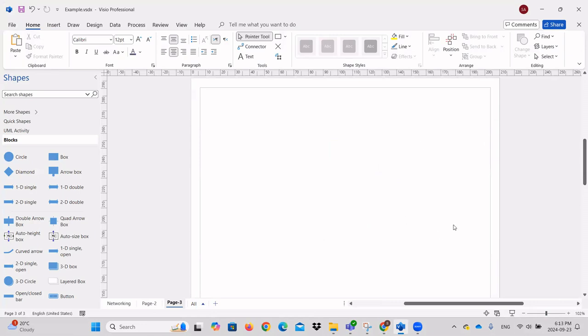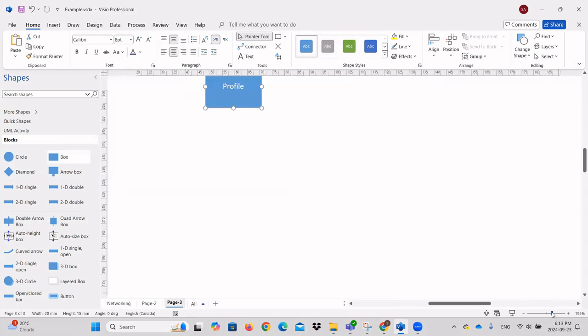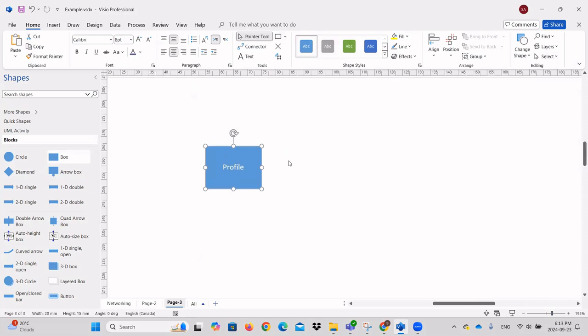Okay, so based on our understanding, we can have a class that would represent profile. Okay, so that would be a data structure or a class that would naturally belong to our database or our class diagram.